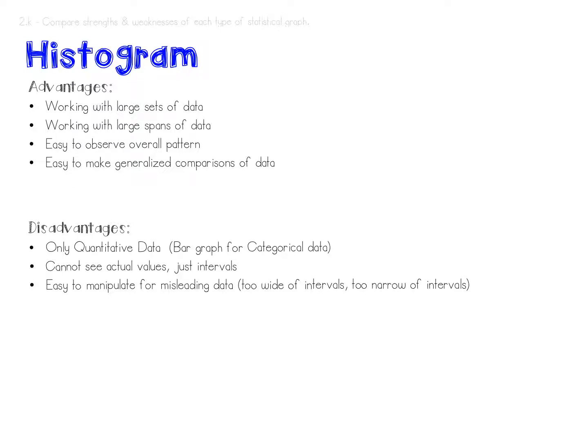I can make some estimations, like when we found the class midpoints and averaged out that way, but I can't see the actual values. And it's really easy to manipulate for misleading data. So when we looked at those two graphs, if I group things larger, I'll miss those gaps, but if I group them too small, then I'm going to see a lot of data that isn't necessarily what I need to look at. So those are the disadvantages and advantages of a histogram.